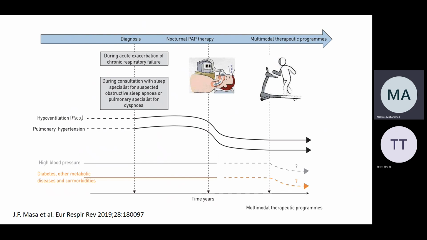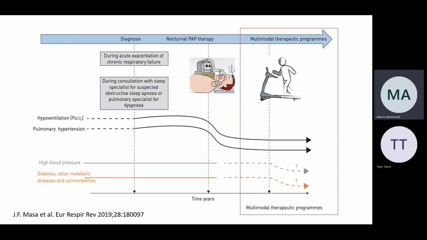This tells you that CPAP, or whatever PAP therapy we select, helps to decrease the level of hypoventilation and also decreases the pulmonary hypertension. It improves the daytime and nocturnal ventilation as well, and we have to offer it as a multimodal therapy with lifestyle modification and diet.